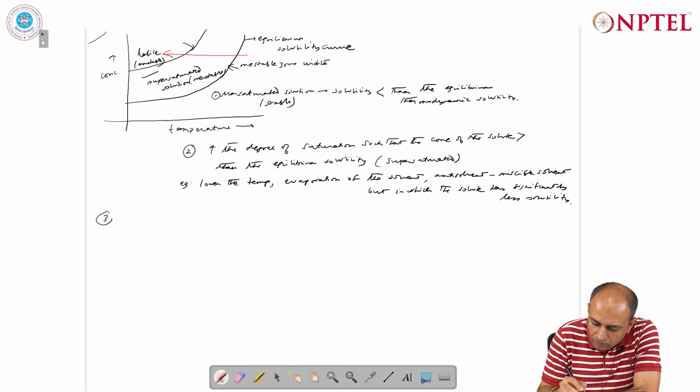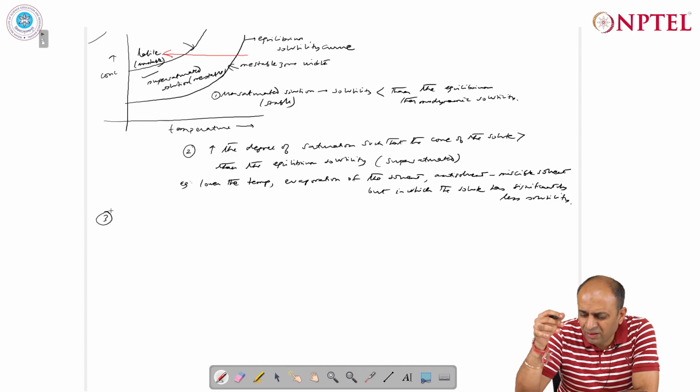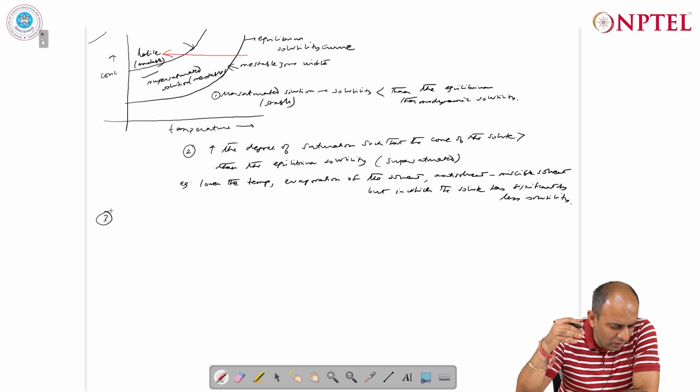And the moment you enter the supersaturated region from the unsaturated region, it is not that crystallization will immediately proceed. There is a hysteresis or a time lag associated with the process of the nucleation of the crystal, and the nucleation of the crystal is supposed to give small size clusters, which are also referred to as nucleation aggregates.